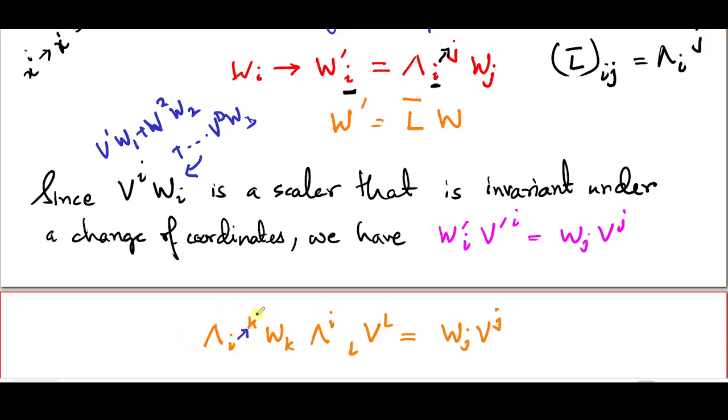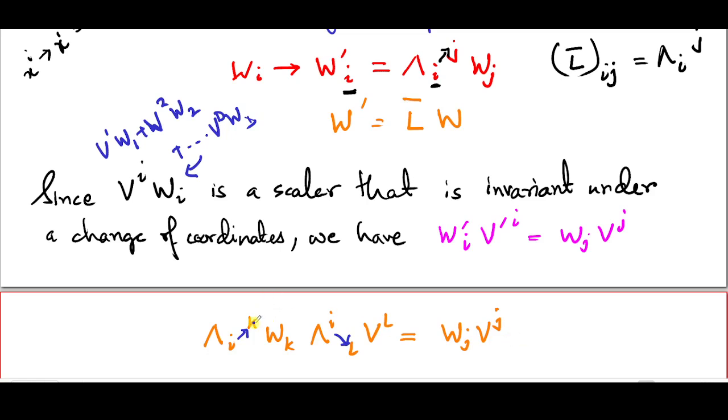This is a covector transformation coefficient at work here, whereas v prime i is nothing but lambda il vl. This of course is a vector transformation coefficient. Of course, the sum over k and the sum over l is implied on the left hand side, and this must be the same as wj vj.